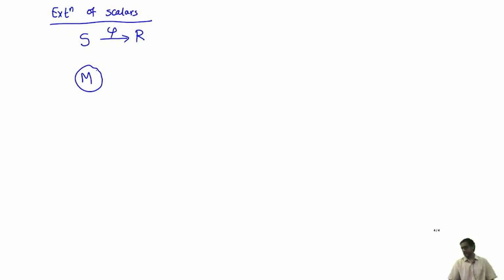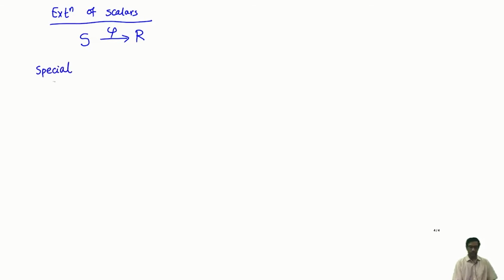Okay, but there is a way of doing this. It involves tensor products and so on. So we won't get into this right now, but I just want to talk about one special case. That special case is rather common and important.